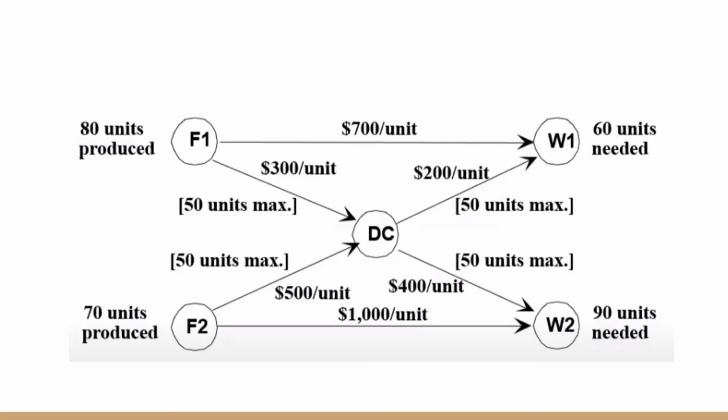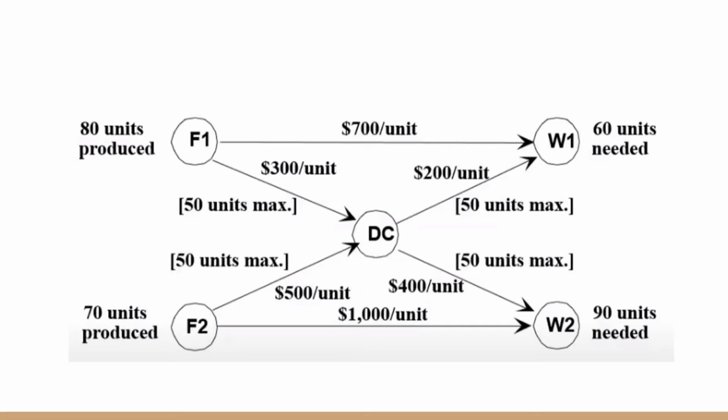From factory 1 to the distribution center, we incur a $300 per unit transportation charge. From factory 2 to the distribution center, we incur a $500 per unit charge. And there is a particular cost per unit for the outbound lanes out of the distribution center.